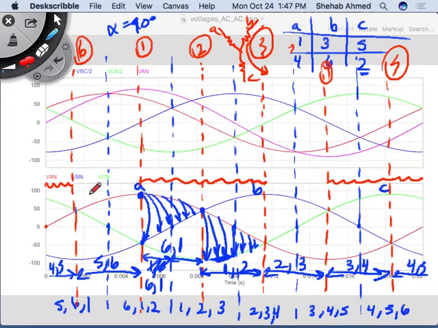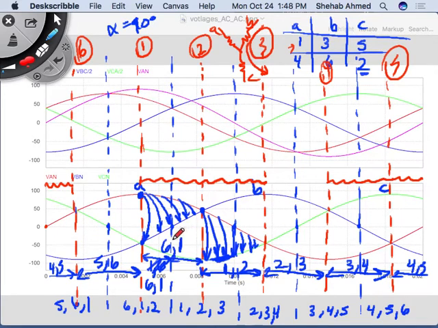Anytime I see a device that has phase A involved, that's an interesting point for me. These are interesting areas for me. So now we see what is the corresponding voltage during the periods where any device connected to phase A is conducting.